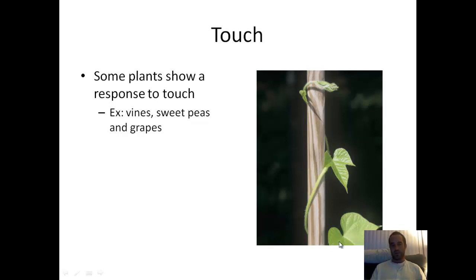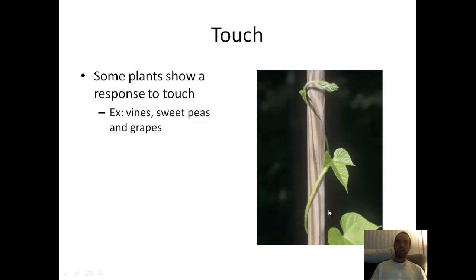These plants are going to grow around something that they're next to. Because they don't have a trunk like a tree, they don't have a woody stem that's going to give them a lot of support, they need to use support from something else. So they can wind around and grow around using the touch from something that they're growing against.